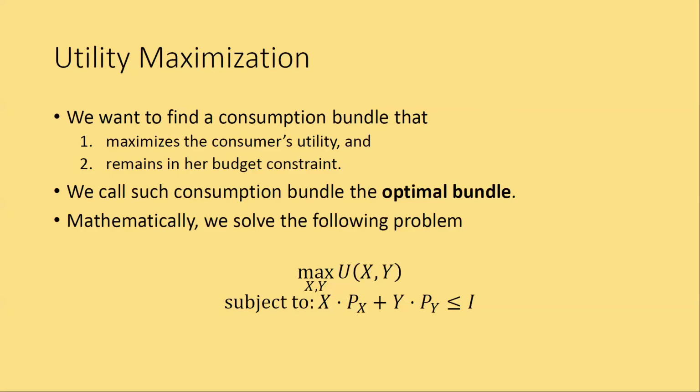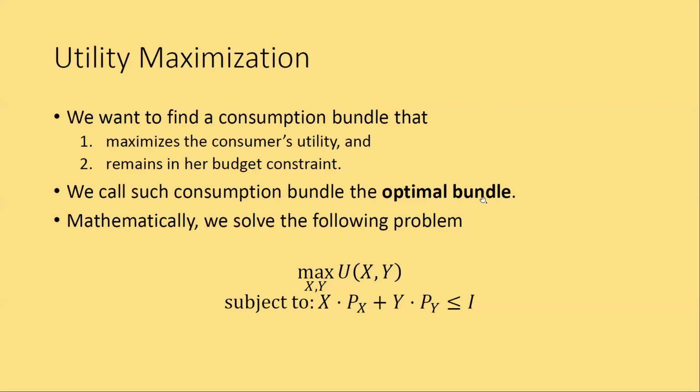So the first line is saying that we are choosing x and y to maximize our utility function. And as I was saying, we are not choosing without a restriction. So we are choosing x and y subject to the second line, the budget constraint. x and y must satisfy the inequality in the second line, which is that x times Px plus y times Py cannot be larger than our level of income.